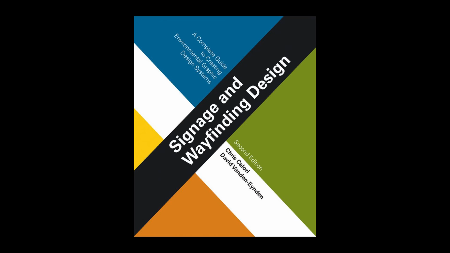Chapter 1 has an overview of the relationship of digital communication devices to more traditional EGD media, particularly static signage and basic definitions of types of digital devices currently in use. These being digital signage, interactive kiosks, and mobile devices.